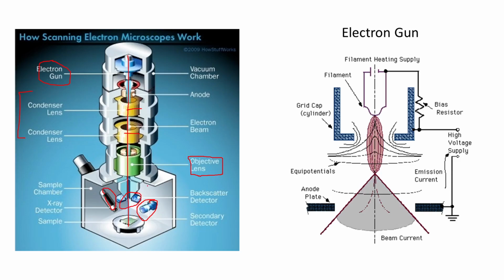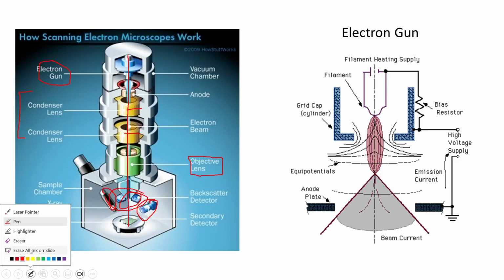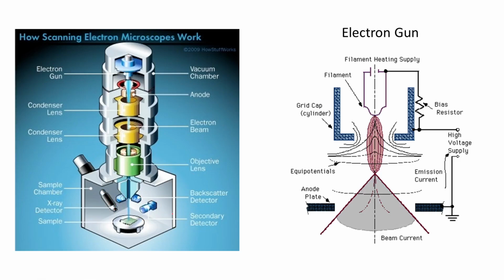This back secondary electron detector is something like donut shaped. I'll just remove this thing so that you can see it more clearly. This back secondary electron detector is a donut shaped detector which is placed just above the specimen, where you can collect the back secondary electrons.